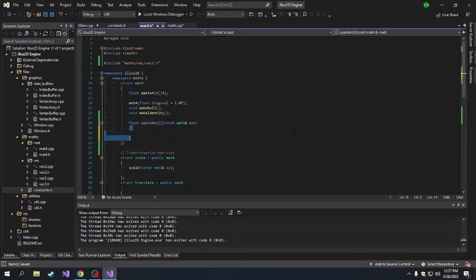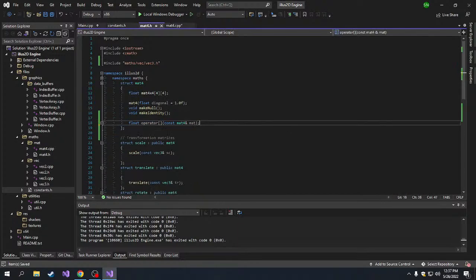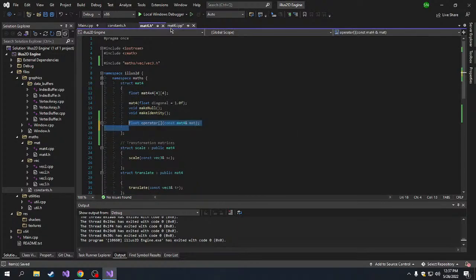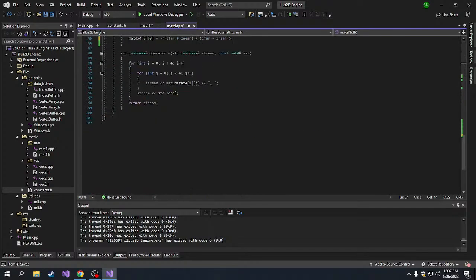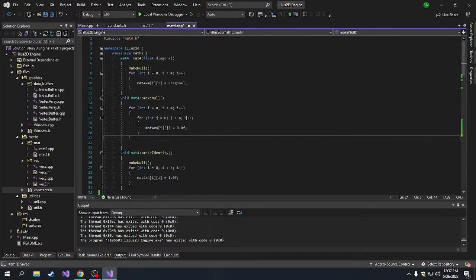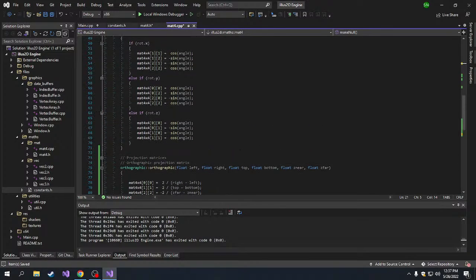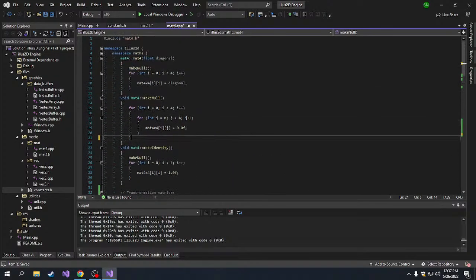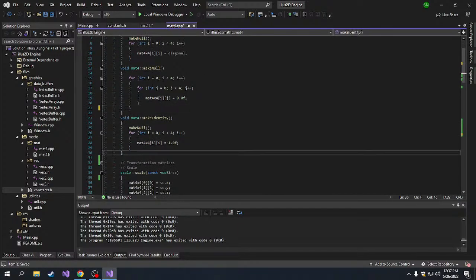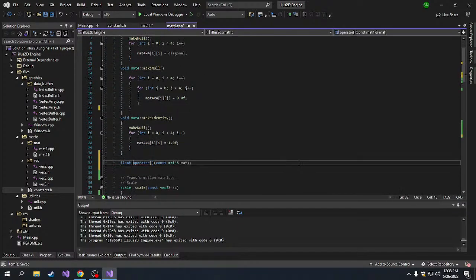We'll probably define the function here, in mat4.cpp. We'll have this somewhere here. Put it after this. I can't put it anywhere I want.